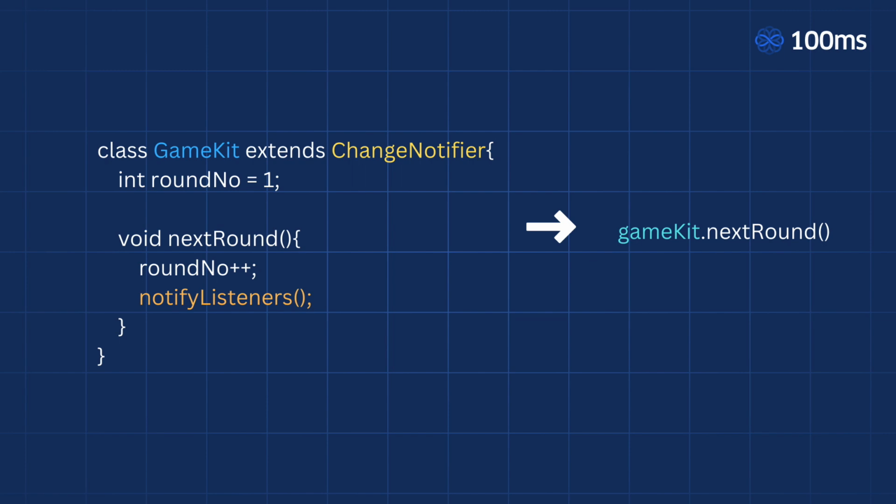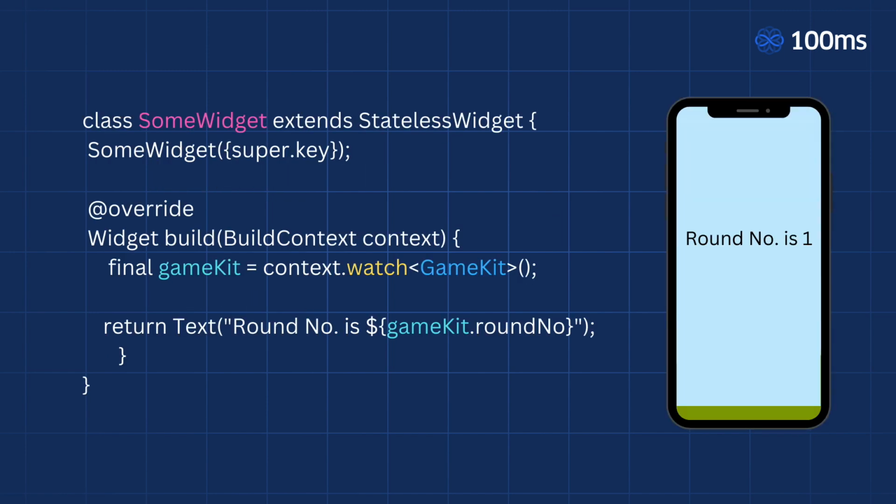So we have this function nextRound inside the GameKit which increments the round number. It also calls this special function called notifyListeners. Every time you call this function, it will notify everyone listening to this GameKit object. In this example, we are using context.watch to listen to this object.